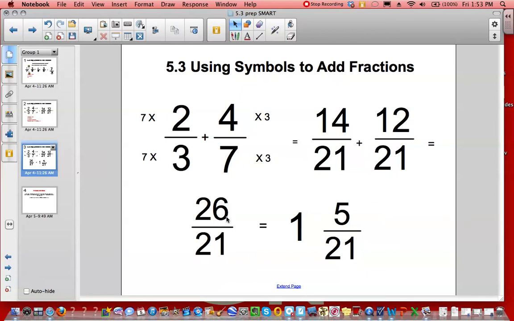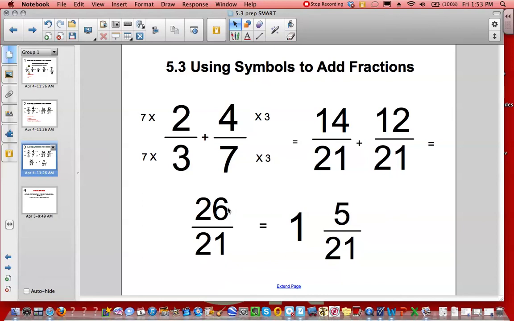In this case, the object is still cut into 21 pieces, so our denominator is still going to stay at 21. There are 21 twenty-firsts in a whole. So if I take 21 from the 26 to make my whole, that leaves me with 5 on top for my numerator.